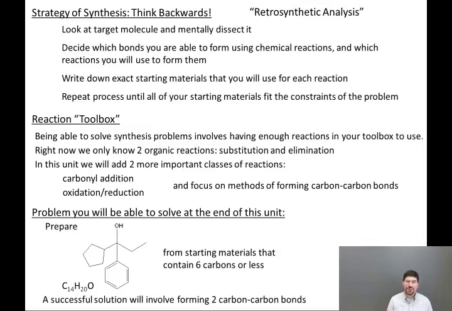Okay, if you have to get up to 14, you could have a 6 plus 6 plus 2, 6 plus 5 plus 3, but you are not allowed to start with a 7-carbon fragment. And if you look carefully at this structure, the molecule actually divides itself up into 3 very obvious fragments. But we'll get to that more in the course of this unit.